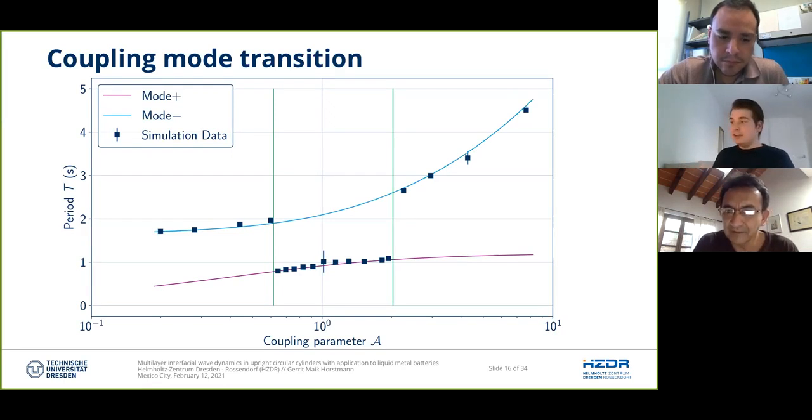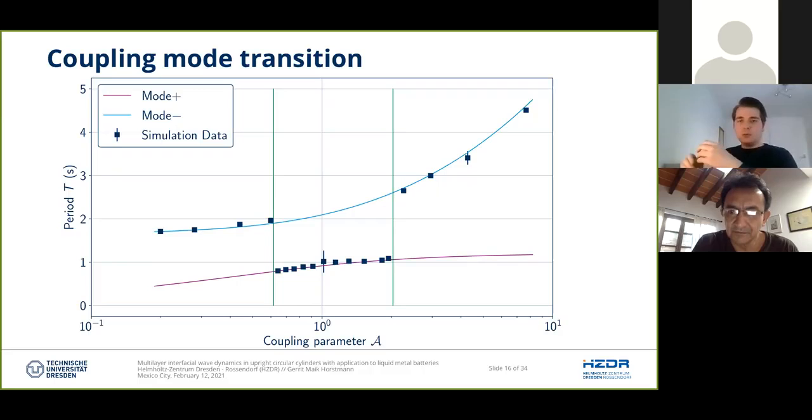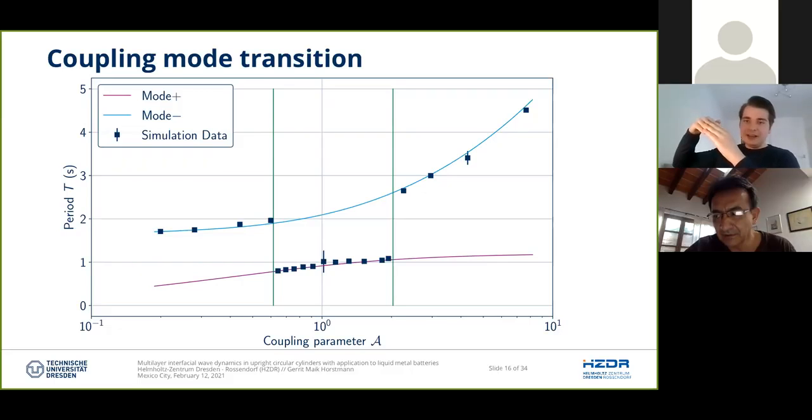The first one is pure pressure exchange. If you have a rotational motion in one wave, it of course will affect the pressure of the other wave and cause some coupling. The other coupling mechanism is, of course, that when the upper wave is, for example, displaced, it will disturb the current distribution in all three layers, so also in the lower one, and this would be a coupling due to Lorentz forces.